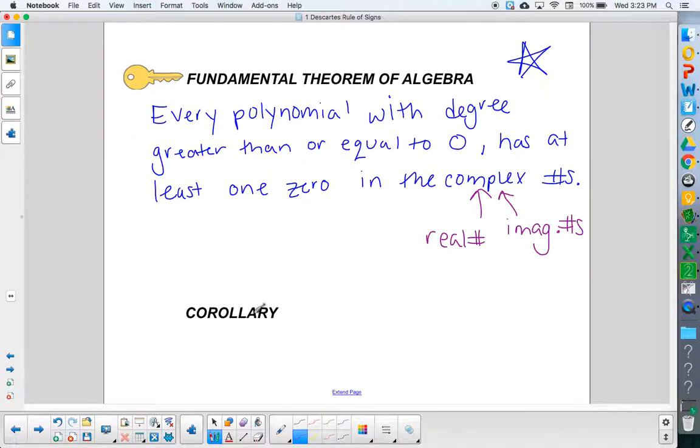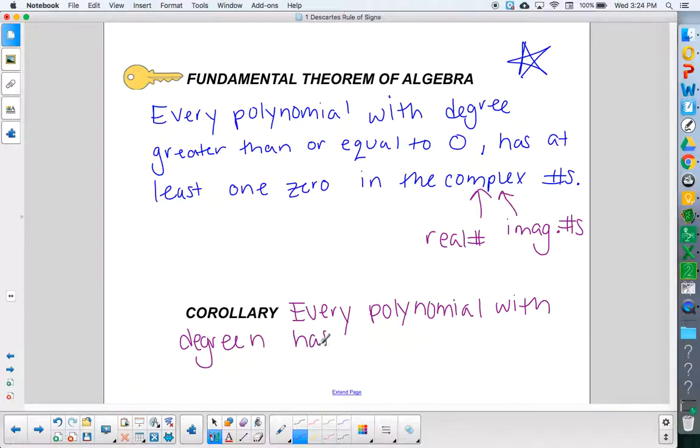So this was proved later on, and that says that every polynomial with degree n has exactly n roots in the set of complex numbers, or just in the complex numbers.